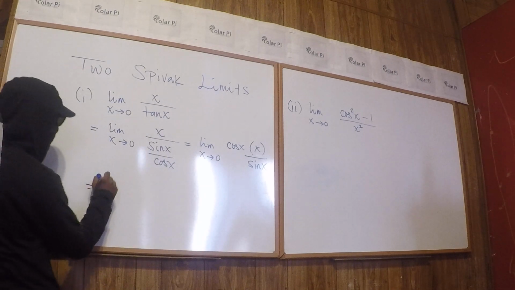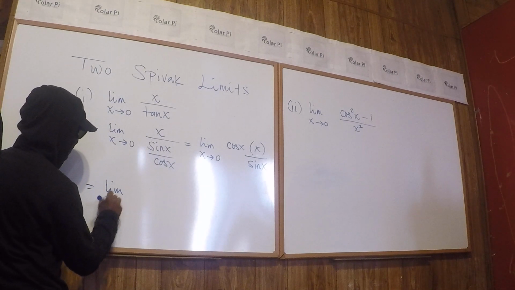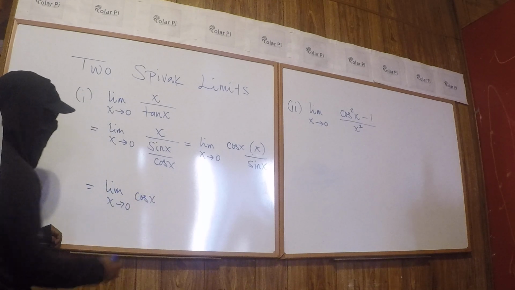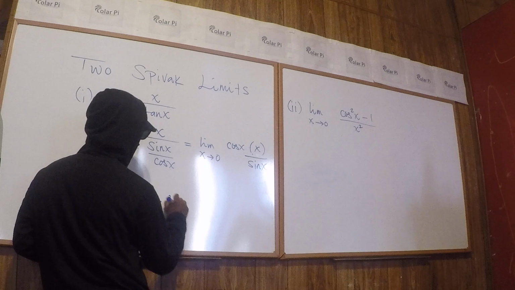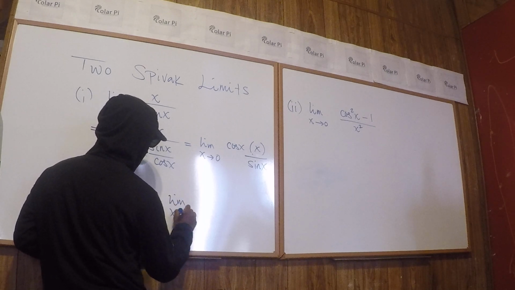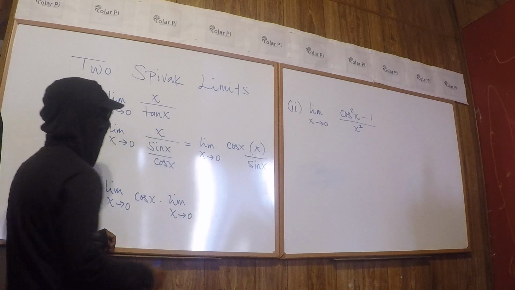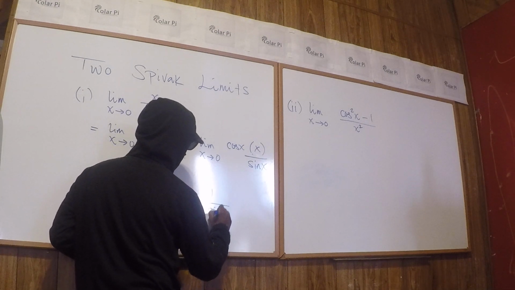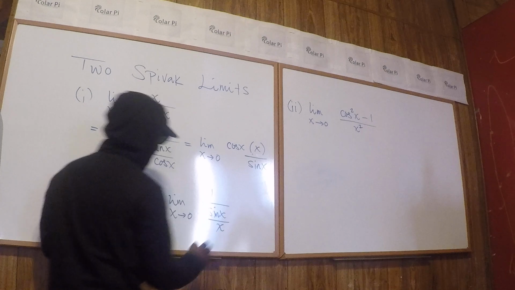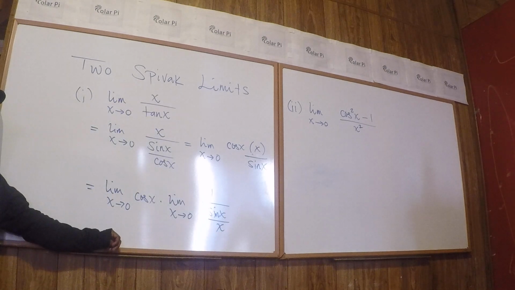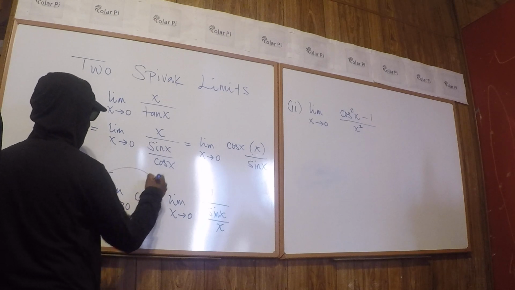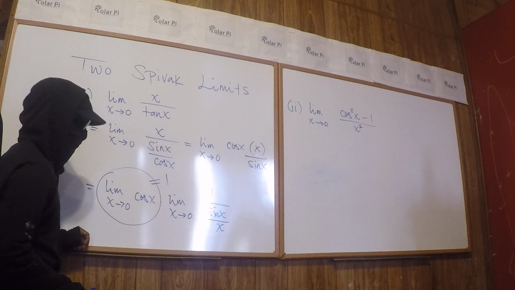So if we do both, then we go limit as x goes to 0 of cos x, times, and this is the clever rewriting I'm talking about, limit as x goes to 0 of, well, x over sine x is the same as 1 over sine x over x. Clever, huh?